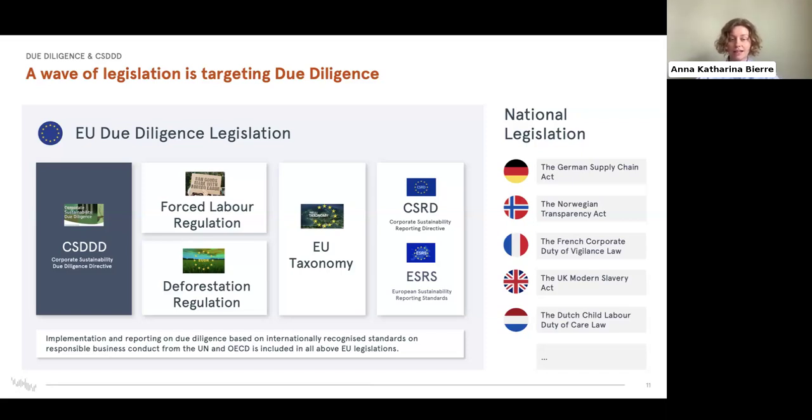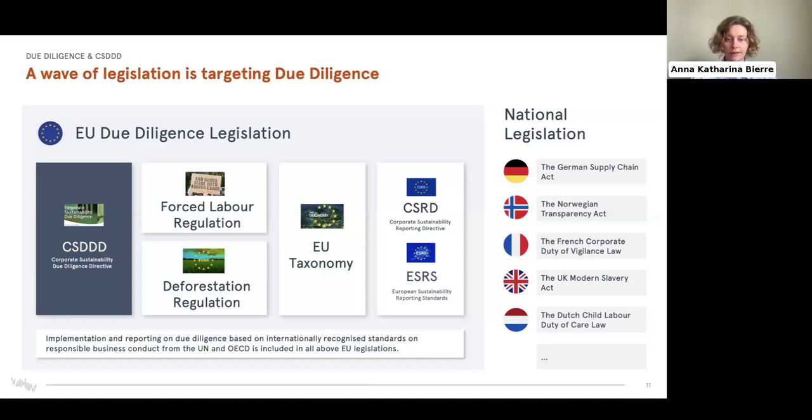And these regulations are designed, even if we not always believe so, to be interlinked and work together, and also replace the patchwork of different national laws within the EU. Some of you may already have worked with them.